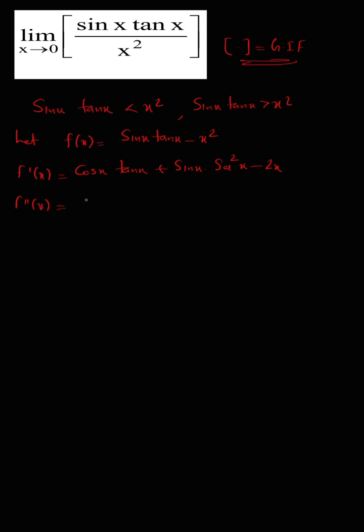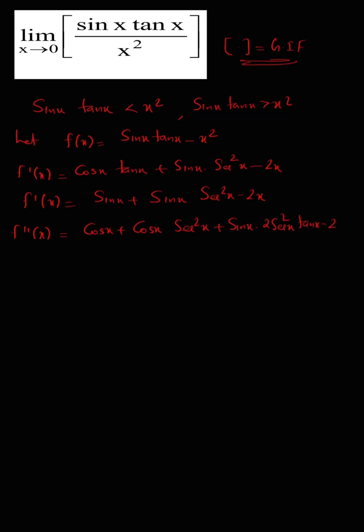Before that, what is cos x into tan x? Cos x into tan x is cos x into sin x by cos x, so sin x. Plus sin x into sec square x minus 2x. Now let me differentiate this. You will get cos x into sec square x plus sin x into 2 sec x into sec x tan x minus 2.